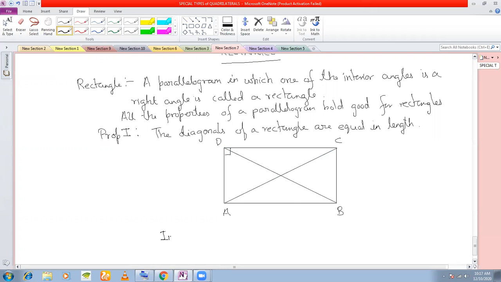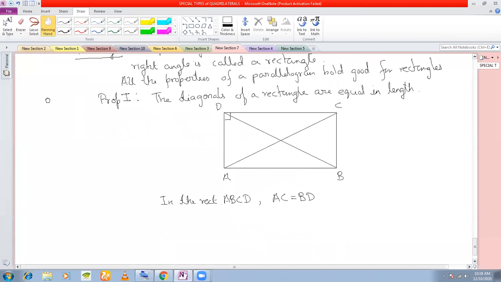So in the rectangle ABCD, AC is equal to BD. The diagonals must be equal in length. In case of a parallelogram, the diagonals were not equal. In case of a rhombus, the diagonals were not equal. But in case of a rectangle, the diagonals are equal. This is one property.